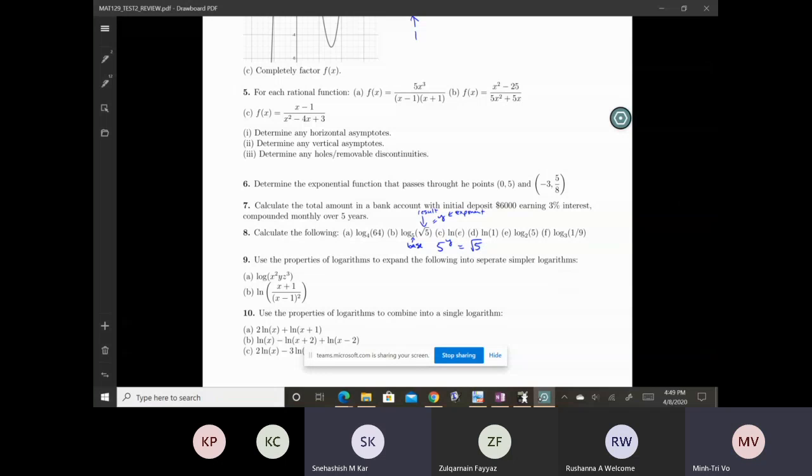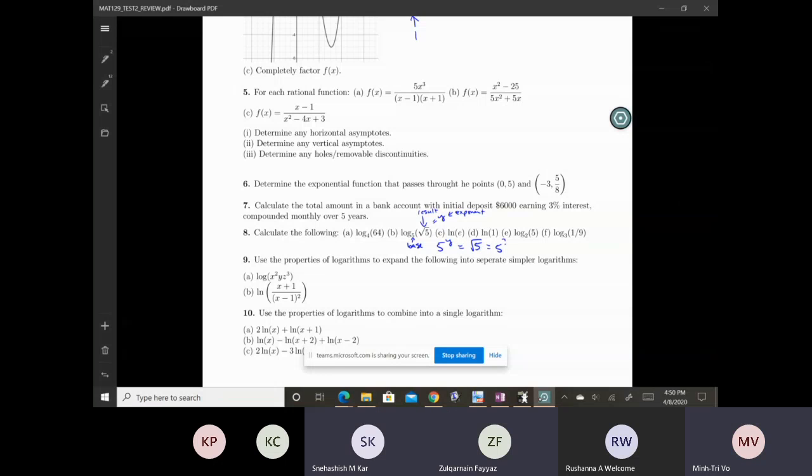And what do we want to do when it's in exponential form? You match the base, right? So the left side is 5 to some power, so I want to write the right side as 5 to some power. What does it mean to take the square root of something? It means it's raised to the 1/2 power.